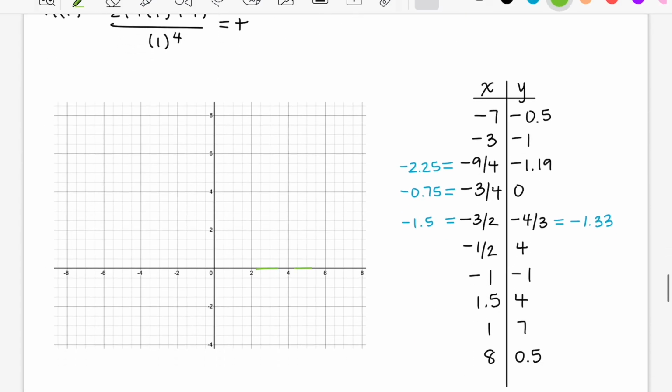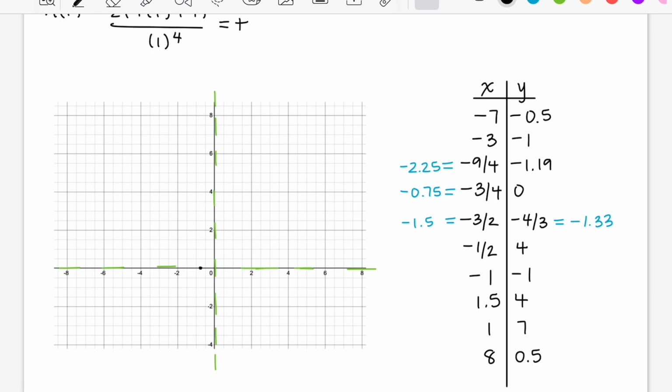So we'll plot that. So we have our asymptotes here. Then we have our x-intercept at -3/4, 0. So that'll be roughly here.